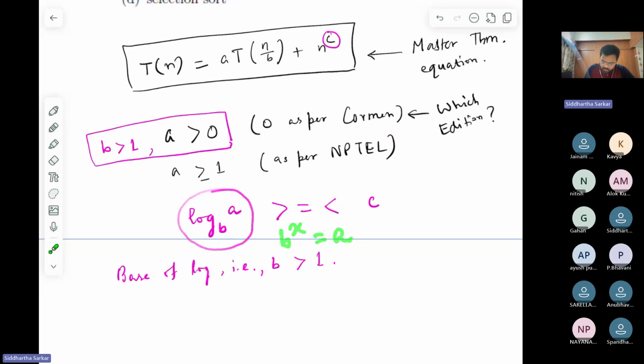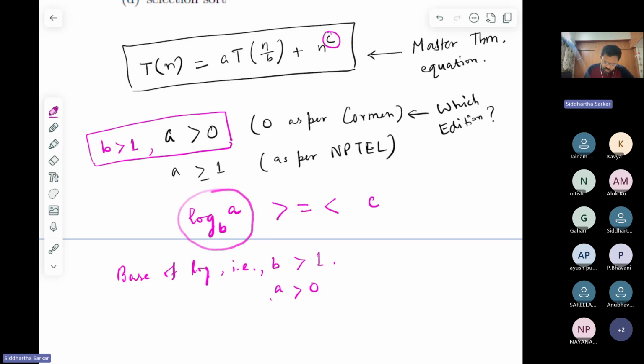You know for a fact that since b is greater than 1, b to the power any x is definitely greater than 0. So b to the power 0 is 1, b to the power something positive is greater than 1, and b to the power something negative is also greater than 0. So you know that a cannot be less than 0. That's why, just to ensure sanity here, they have taken a greater than 0.